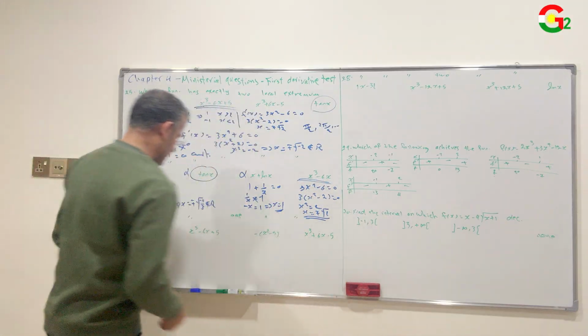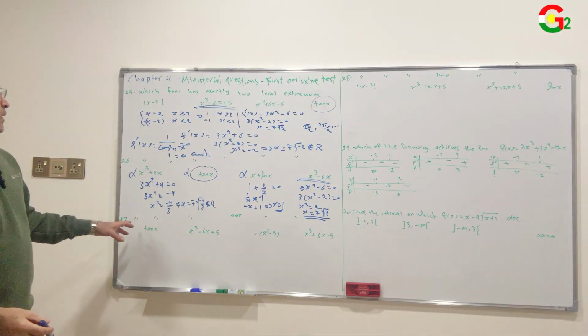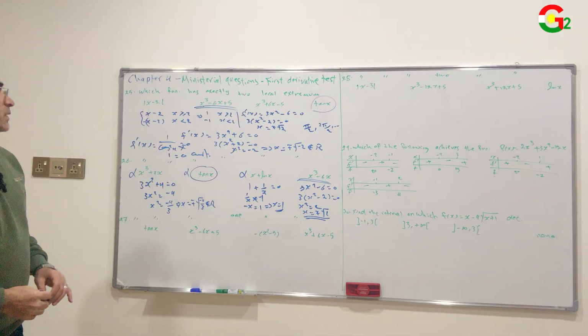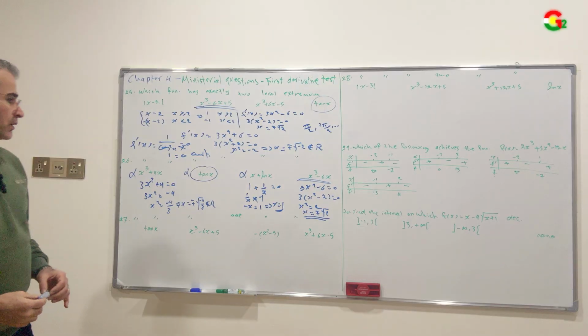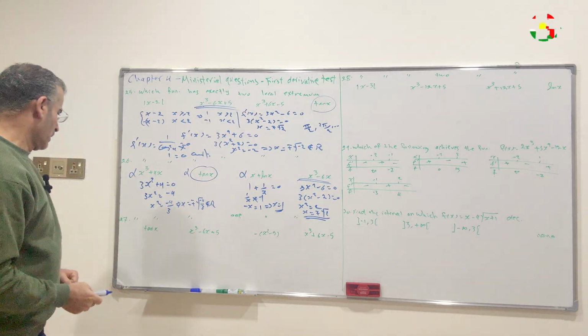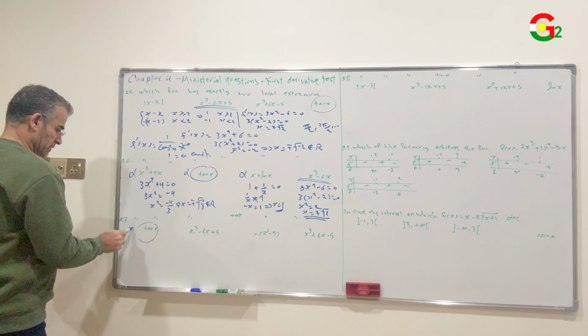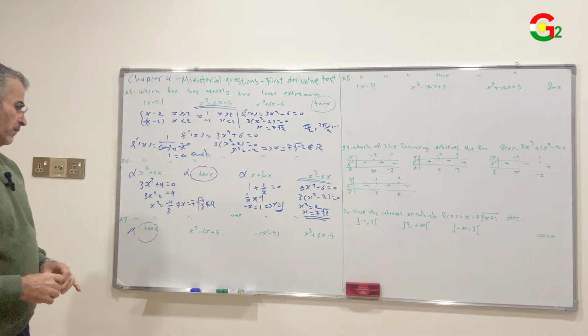Question number 27. Which function has exactly one local extremum? Tan x has no local extremum.